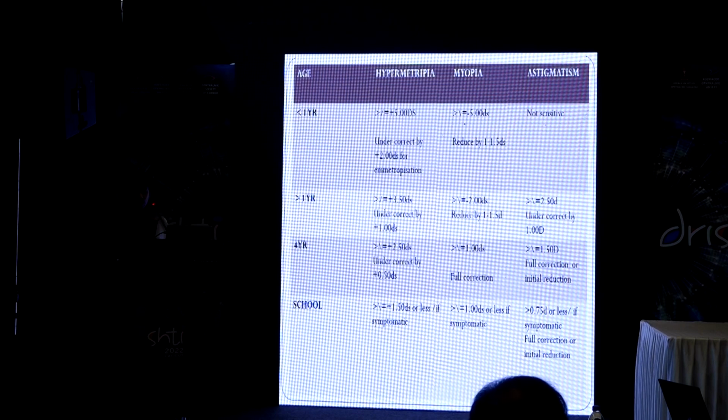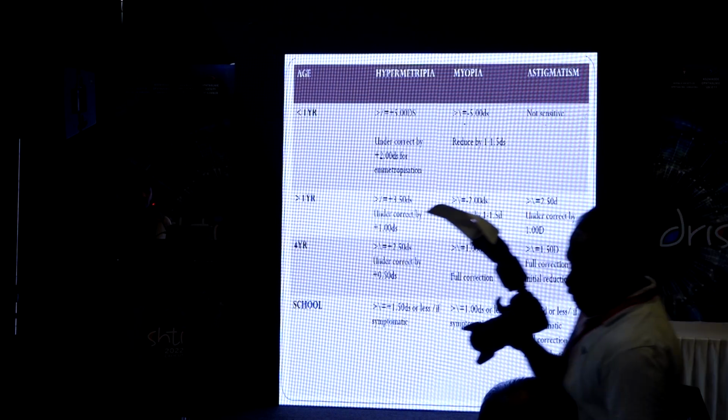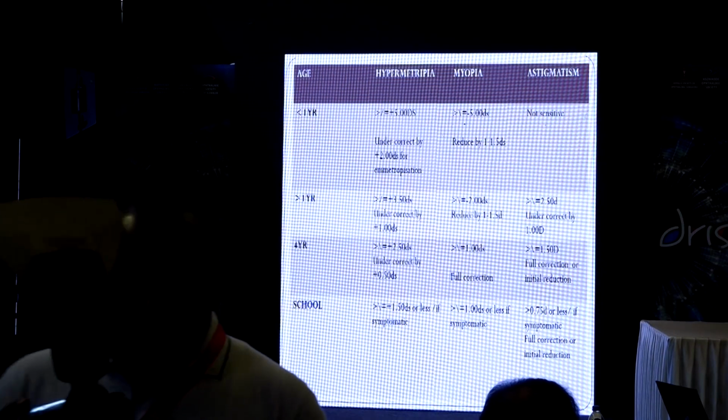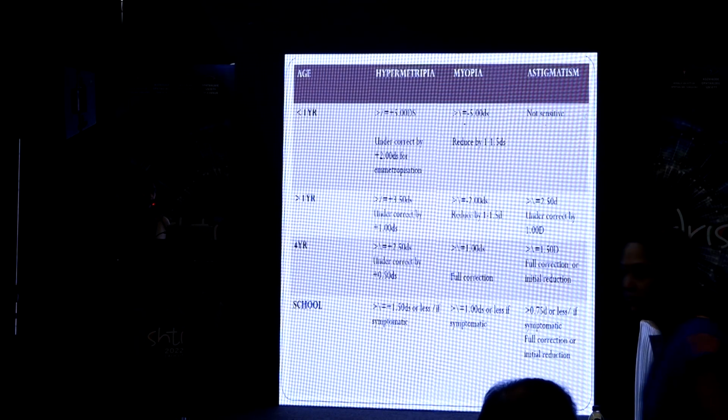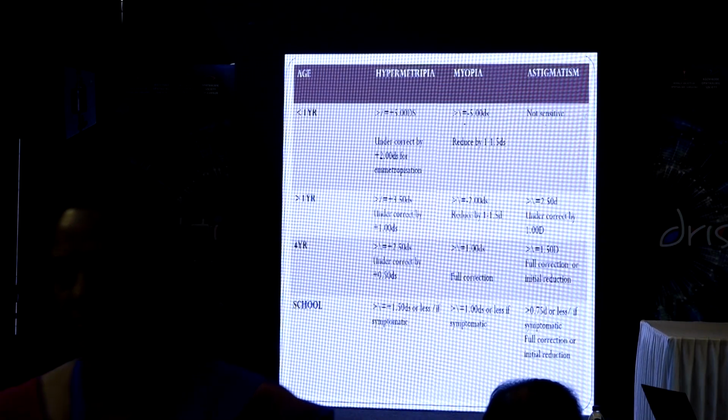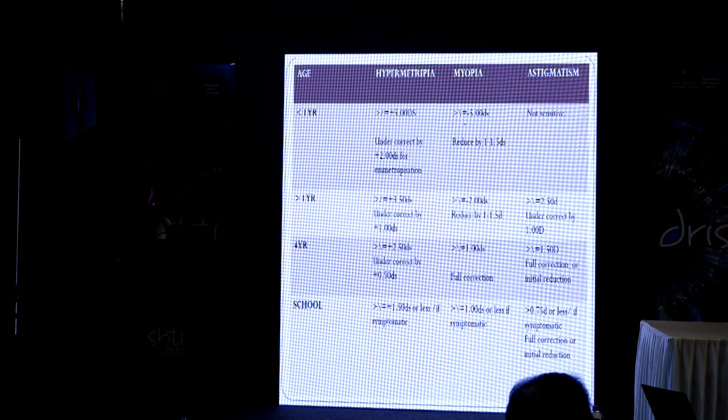So this table will give you an idea of how to correct different refractive errors at different age groups. The first age group is less than 1 year. If the baby has greater than 5 diopters of hypermetropia, we can undercorrect up to 2 diopters for emmetropization. In the case of myopia, we can undercorrect up to 1.5 diopters, but astigmatism is not sensitive at this age because it will rapidly reduce during emmetropization.